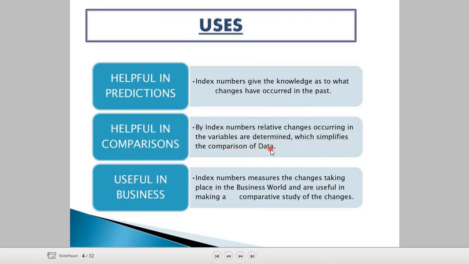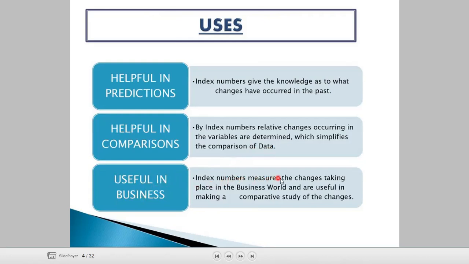That means, as index number is calculated in percentage, with the help of this index number, we can easily compare the available data in the present time with the previous time and conclude what type of changes are taking place, whether it is a negative change or a positive change, especially in the field of prices of various products in the market.